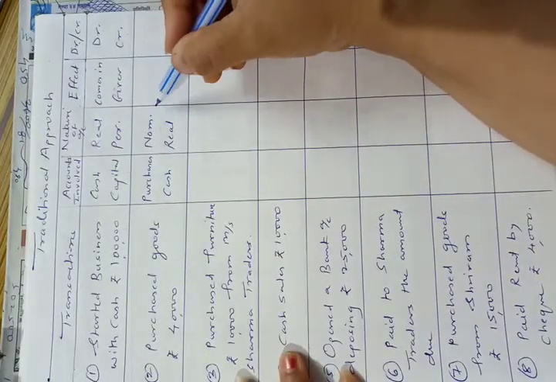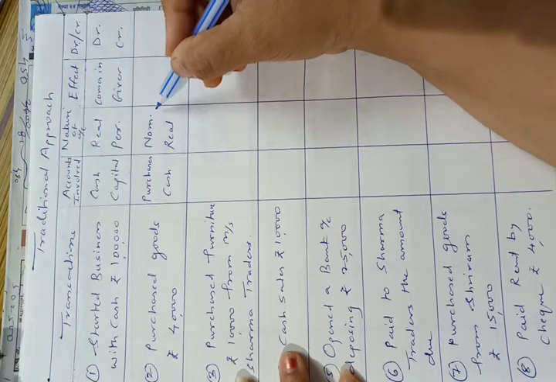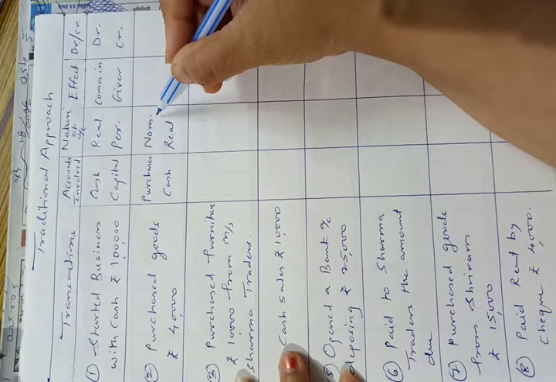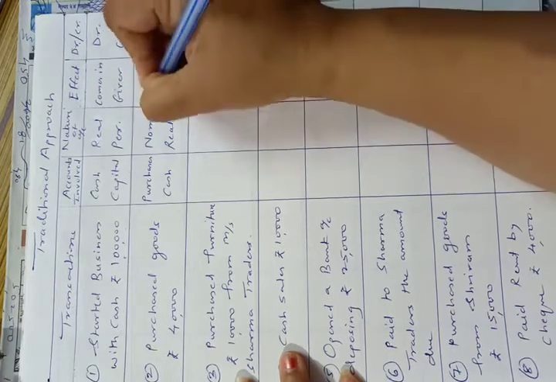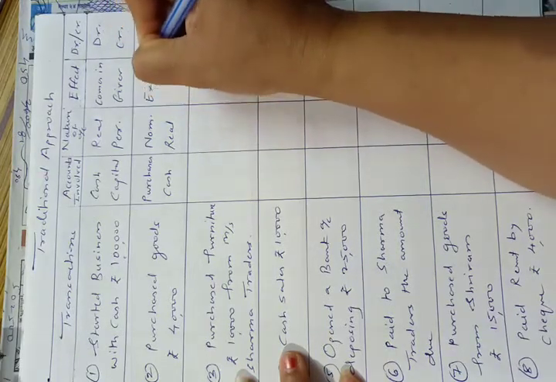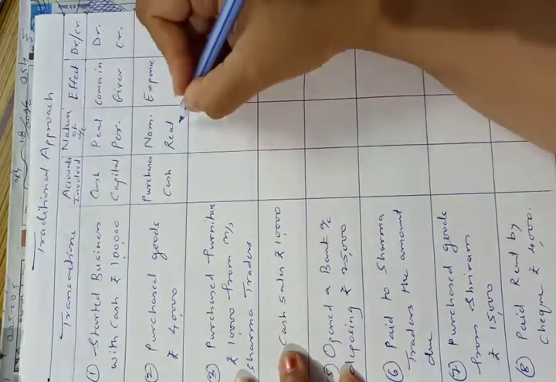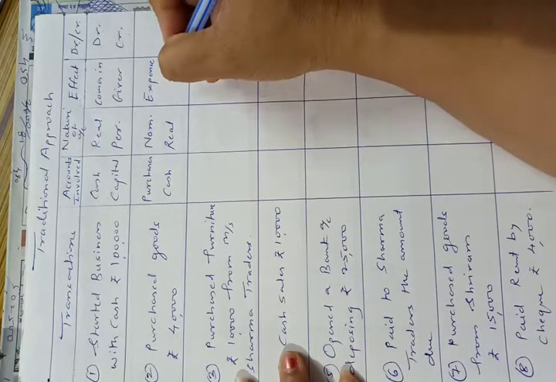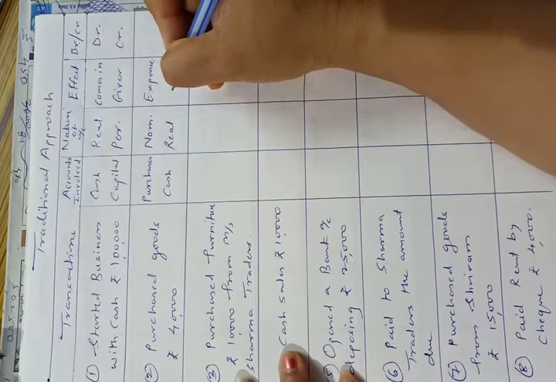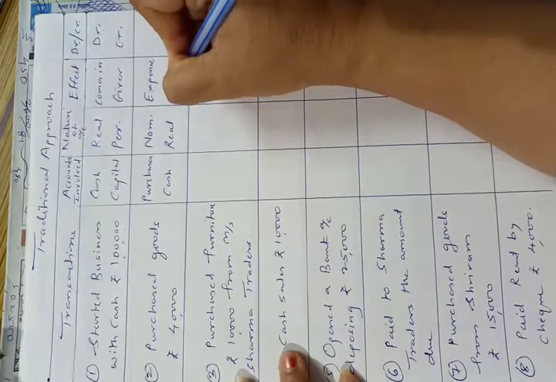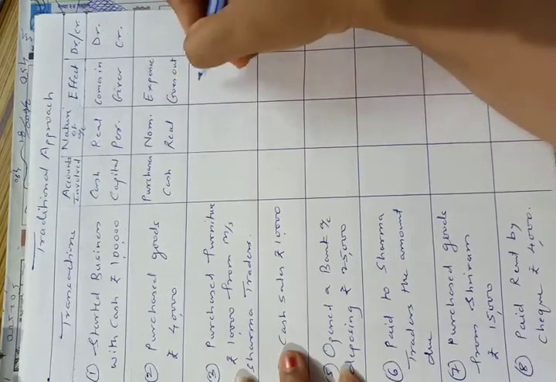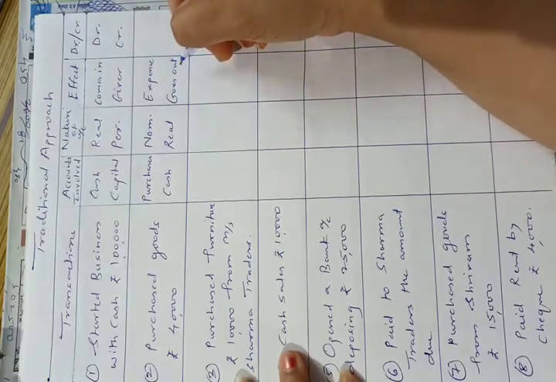When we purchase goods, we spend cash, so it is our expense, it is nominal account, and cash is real account, it is our asset. Okay, here cash goes out. When we purchase goods, cash goes out.